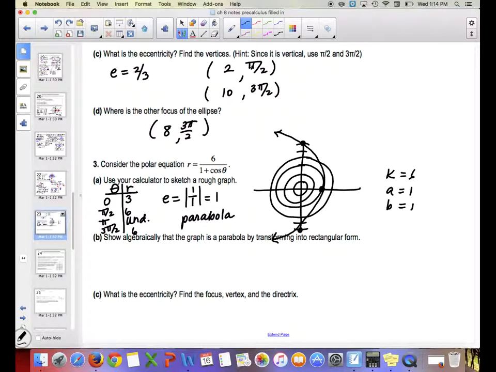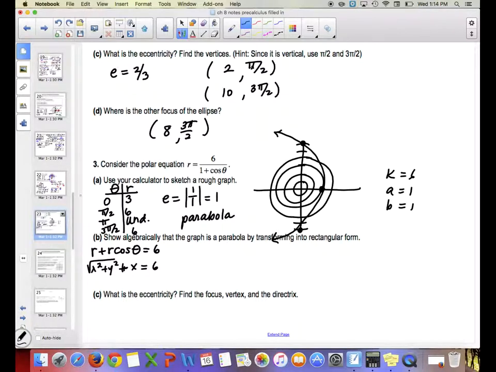All right, so show algebraically that the graph is a parabola by transforming into rectangular form. That's the hard part, remember? So we're going to multiply the denominator over. When we do that, we get r plus r cosine of theta equals 6. So we have the square root of x squared plus y squared plus x equals 6.